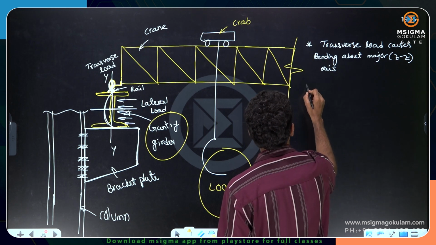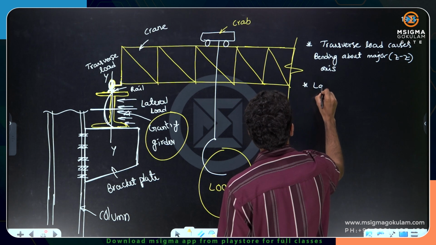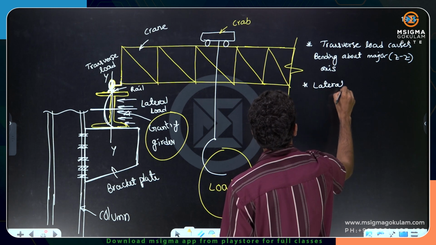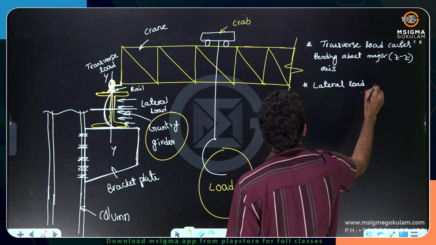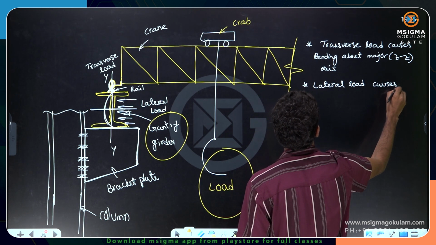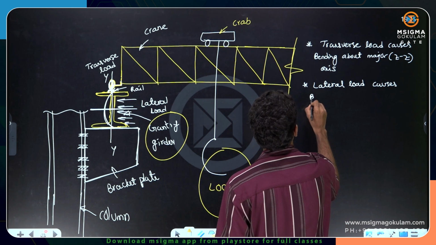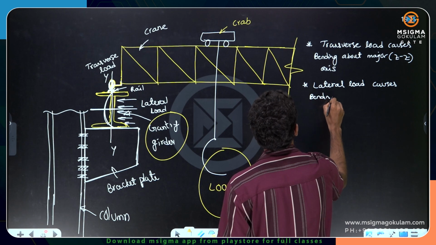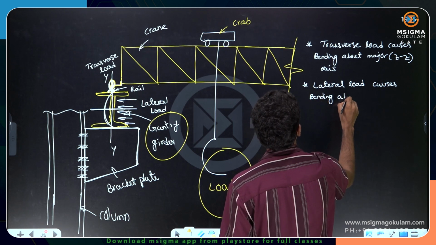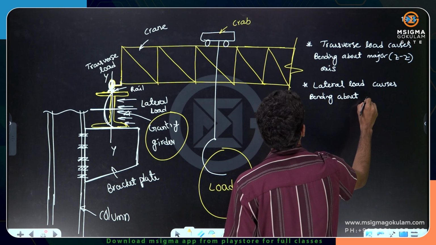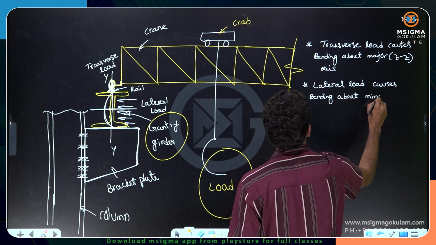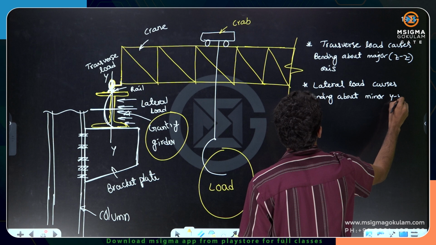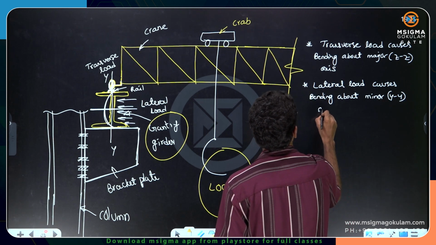Next, that's what I am trying to say. Next one is lateral load. Lateral load causes bending about the minor axis, which means YY axis.